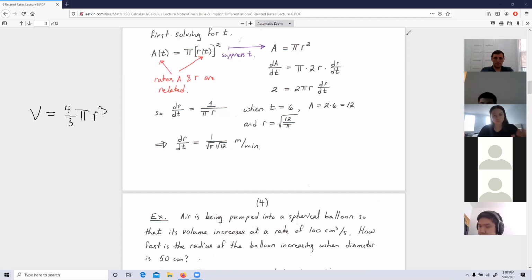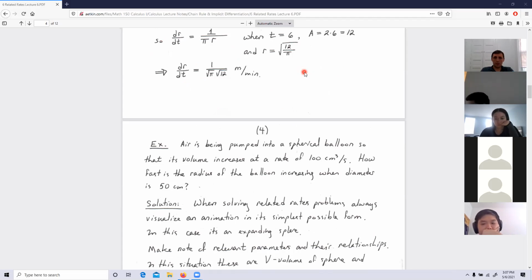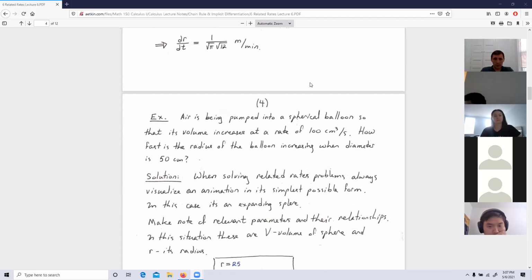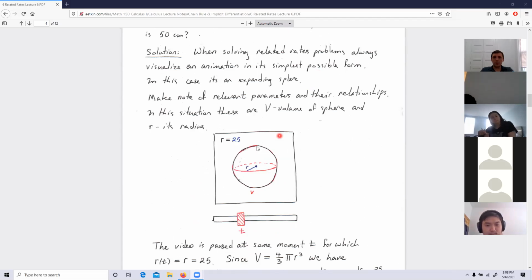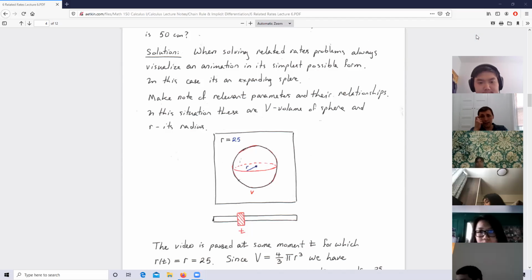Here is that formula. Let's do that together. Thank you, Humira. This is the situation, guys. So first of all, I'm having a video in which a sphere is growing. Do you agree? What really is happening here? The sphere is growing at a rate of 100 centimeters cubed every second. Agreed?